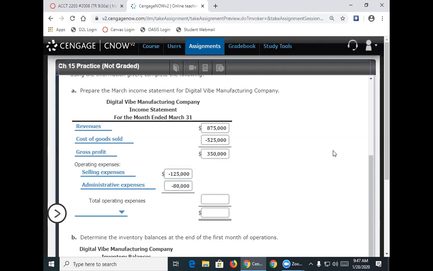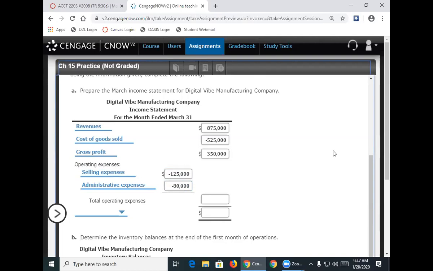Again, selling and administrative expenses are period costs, so they're not directly related to the product. So you're looking at advertising, sales salaries, and then our administrative, VP, CEO, all of their salaries, as well as administrative support, anything to do with the office. So all those operating expenses are both selling and administrative expenses, and they're also known as period costs or expenses.